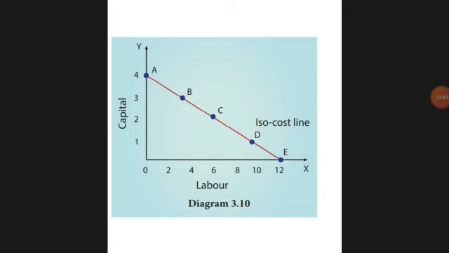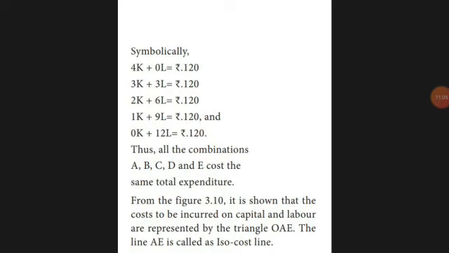Then you can see the red color line A, B, C, D, E, that is A to E, which is the isocost line. Using all this, the output should come as 120, 120, 120 only. Ultimately the output should be 120 only. So OA shows how much we incurred on capital and labor, and the AE line shows the isoquant line. So these are all about the isoquant.